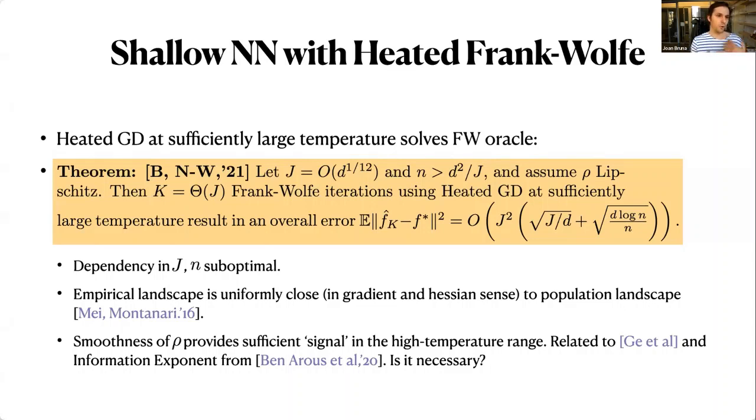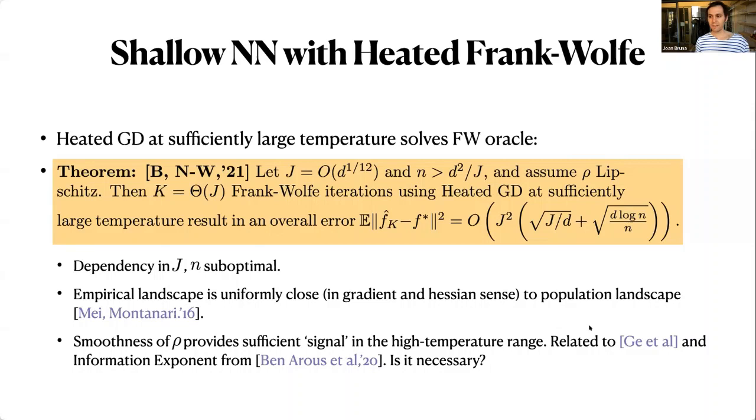Another thing, of course, is that the smoothness of the activation function is really what gives us the signal to use this heated gradient descent. The essence is that we are replacing the activation function. It's as if instead of the activation function, let's say the ReLU, you were manipulating a certain polynomial. And here the relevant polynomial is degree 4, the first non-trivial polynomial. And so you need the activation function to be sufficiently smooth for this to work.